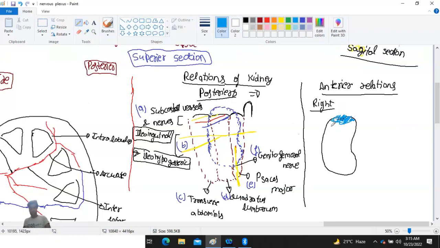Then we have the impression for the liver, the hepatic impression. After this, there is an impression for the hepatic flexure of colon. One is hepatic impression and one is hepatic flexure. These are different things. And the last is the impression for jejunum and ileum coils.